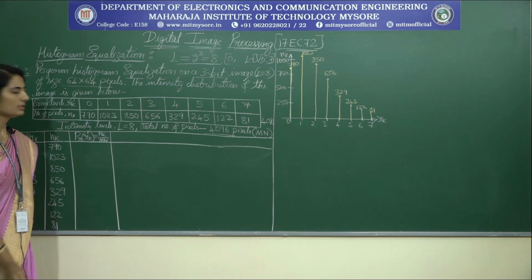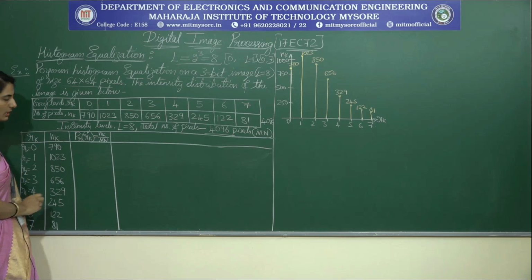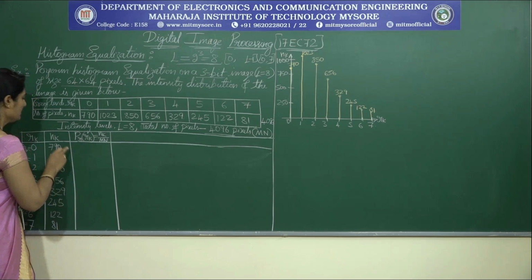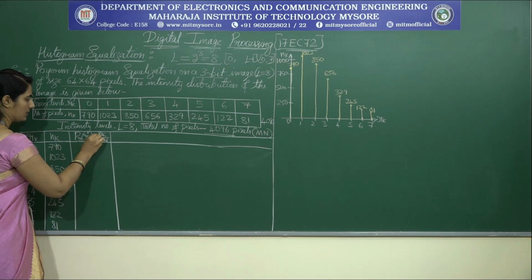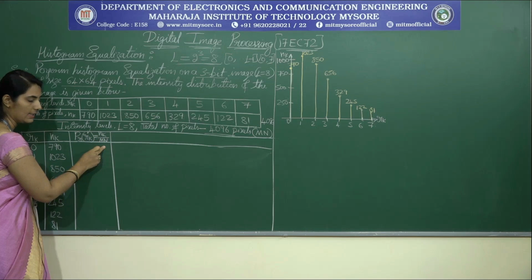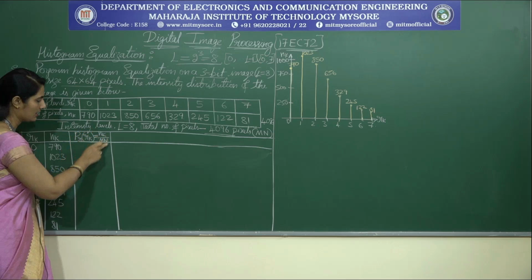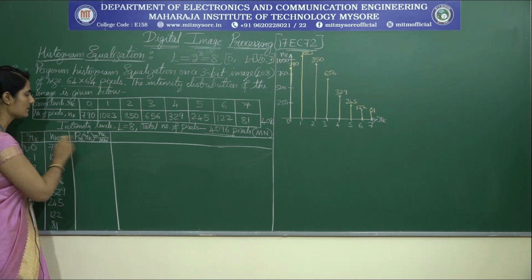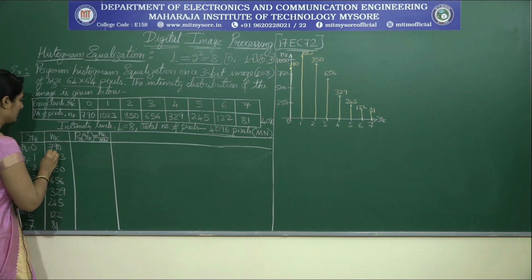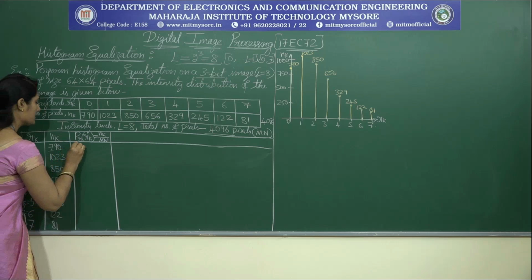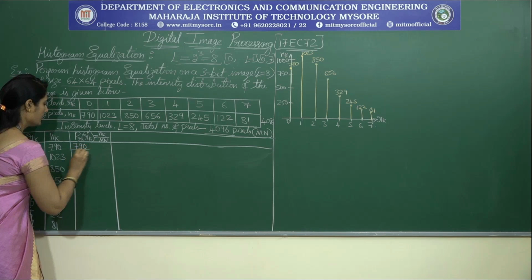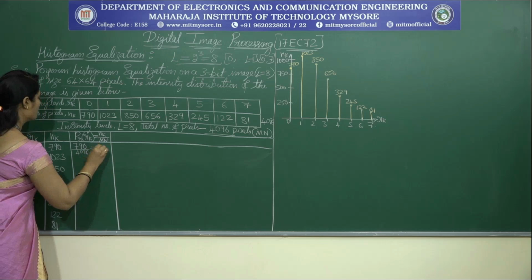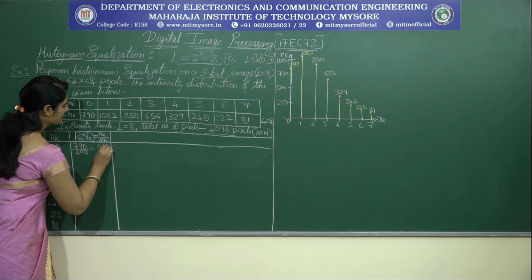I gave this expression in my previous session. Here nk is 790, and 790 divided by 4096 is 0.19.